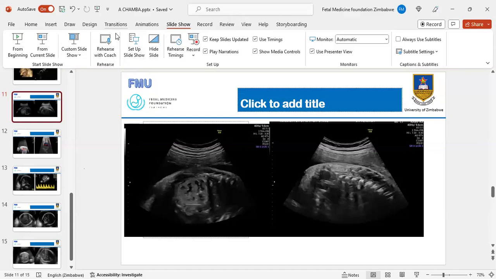To be honest with you, the reason why we don't really put a lot of emphasis on asymmetric or symmetric FGR ourselves is that whether the growth is symmetric or asymmetric depends on the onset of the insult.